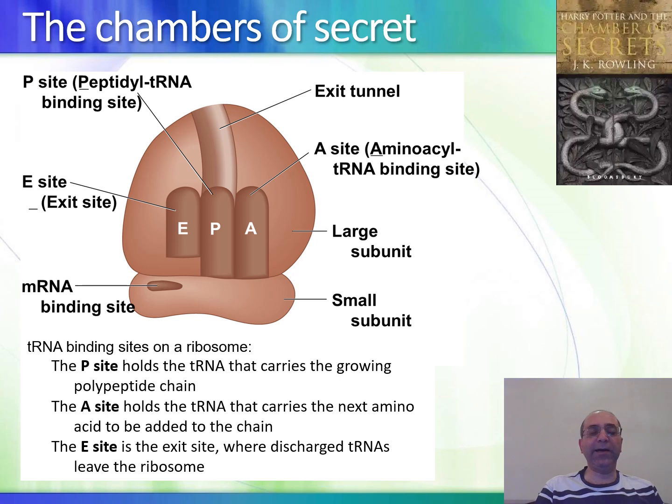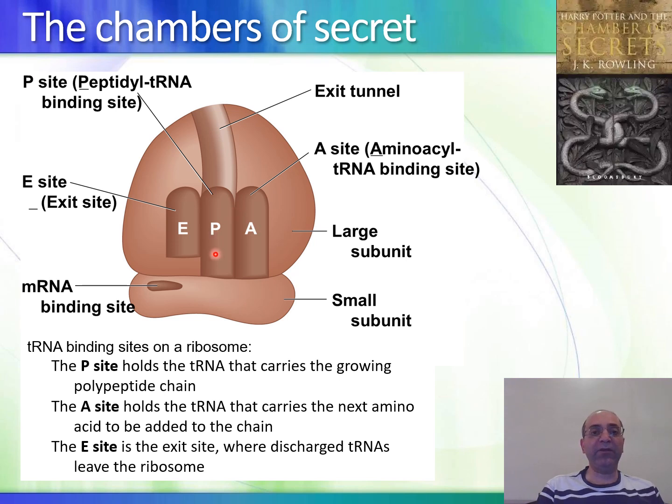Looking closely at ribosomes, there are three rooms, there are three chambers inside the large ribosomal subunit. That's why I put this in here, because I love Harry Potter movies. So there are three chambers. You have a chamber, a site where you have the synthesis of the polypeptide, the formation of the peptide bond.